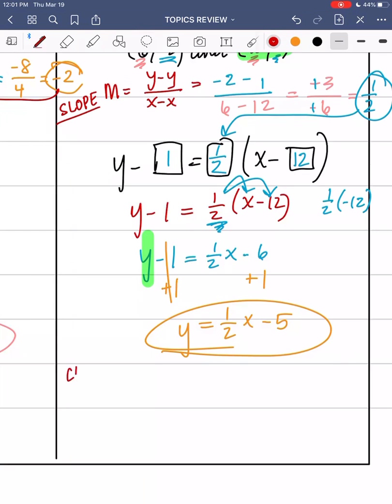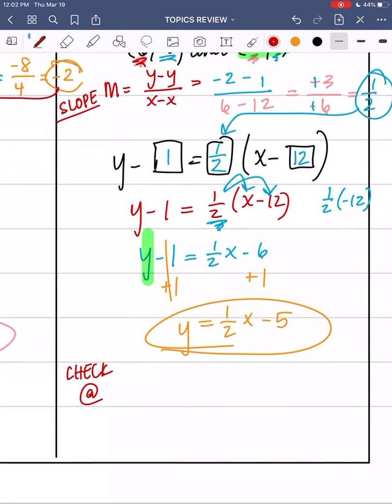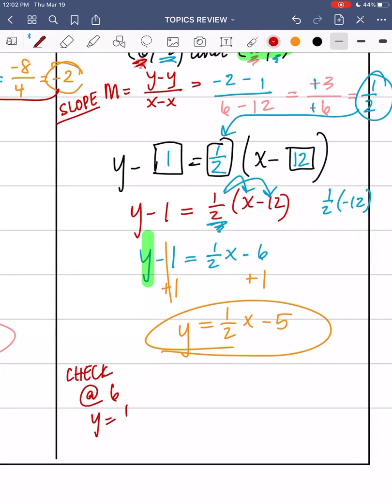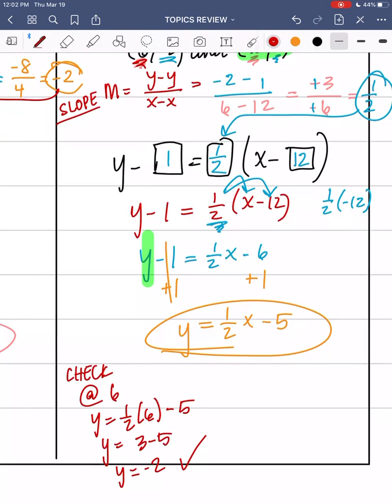Okay, and then let's check really quick. If I plug in x equals 6, that was our first x number, I'll have y equals 1/2 times 6 minus 5. 1/2 times 6 is 3 minus 5. 3 minus 5 is negative 2. Was 6 paired with negative 2? Yes, it was. Very good. Try one more.